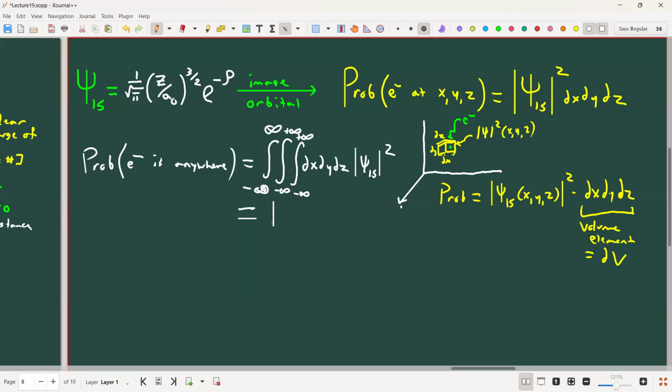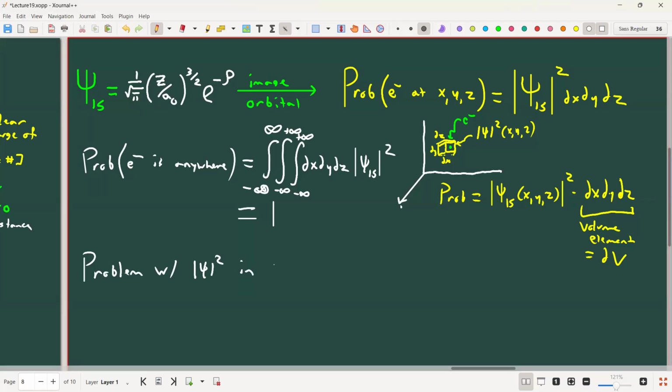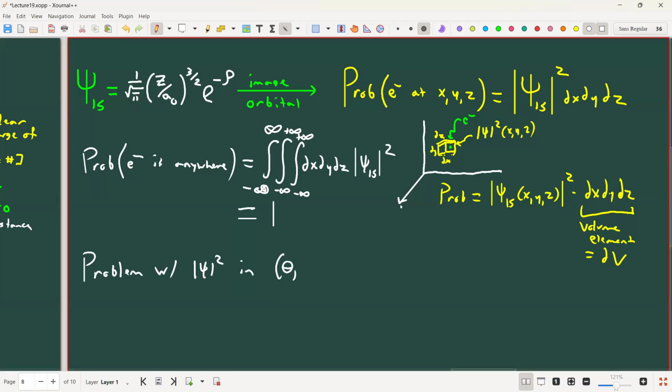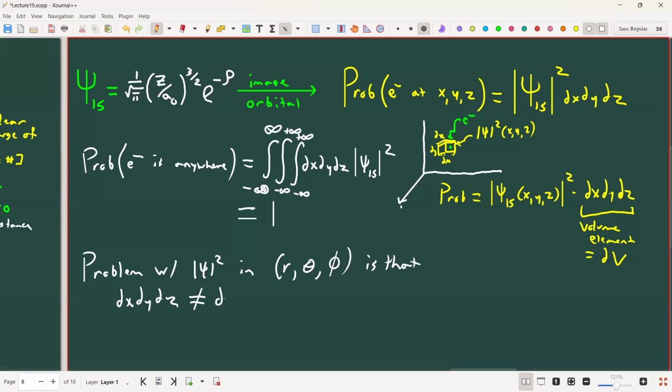In the hydrogen atom, we're not in x, y, and z. We're in spherical coordinates, r, theta, and phi. So the problem with this analysis is that dx, dy, dz, the size of this infinitesimally small volume, is not equal to dr, d theta, d phi.